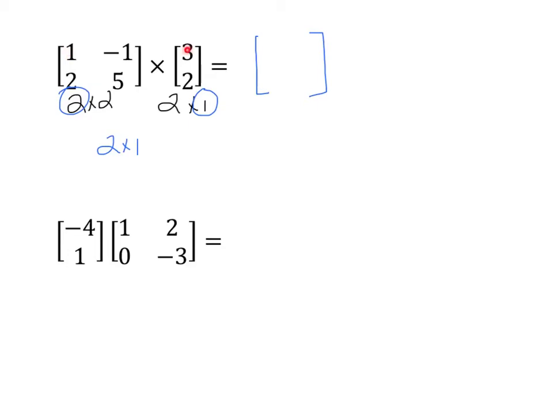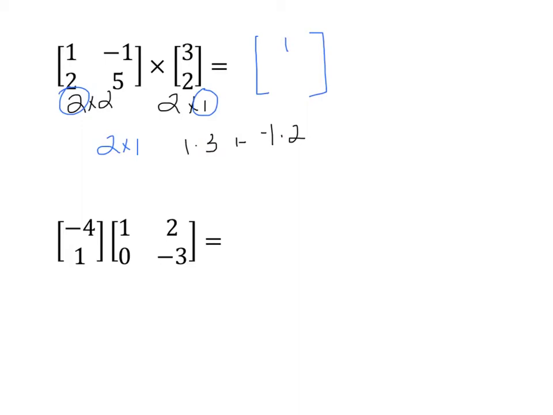So then I can start multiplying. 1 times 3 is 3, plus -1 times 2, and that gives me 3 minus 2, which is 1.